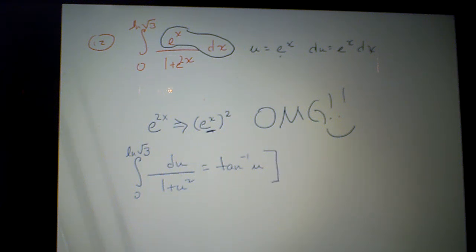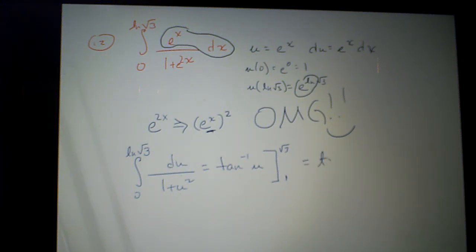of u, and of course e to the 0 is 1, so my lower limit is 1. And u of ln root 3, here comes algebra 2 again, e to the ln root 3. Hello, inverse operations. Number one fun fact of inverses, they undo one another. So this is just root 3.